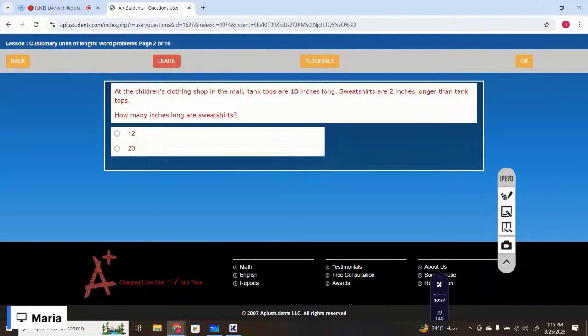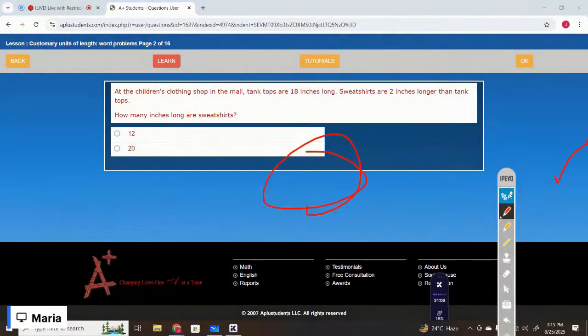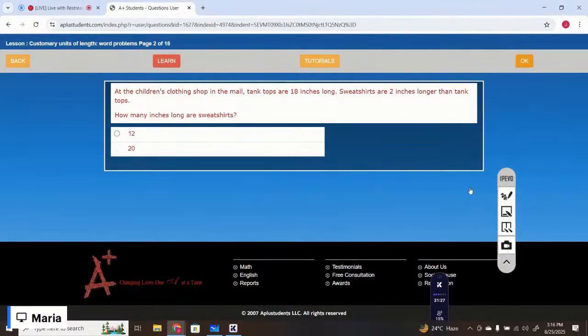So the tank tops are 18. So 18 plus 2 equals 20.